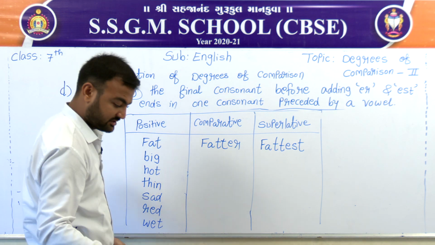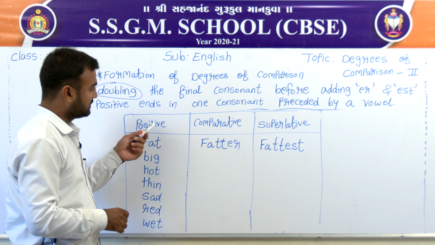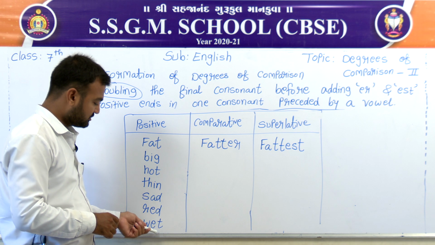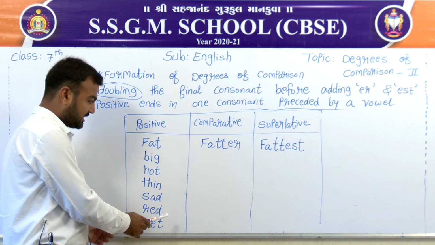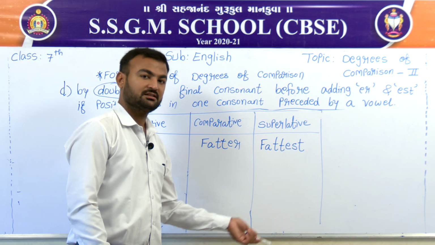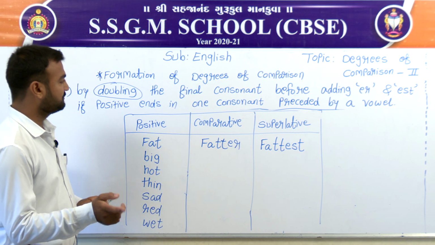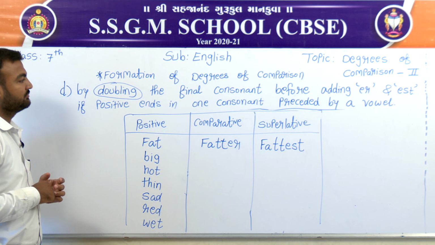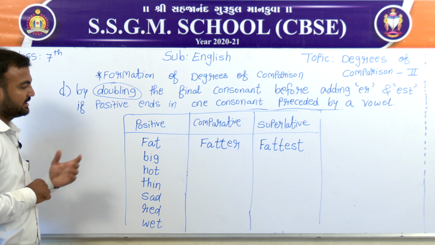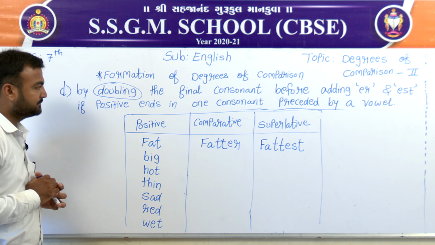So these are the words which end in a consonant preceded by a vowel, and you have to know that we have to double the letters and then complete the table. Okay, so before we proceed, write the rule number D and this table that you have to complete by your own. Okay.